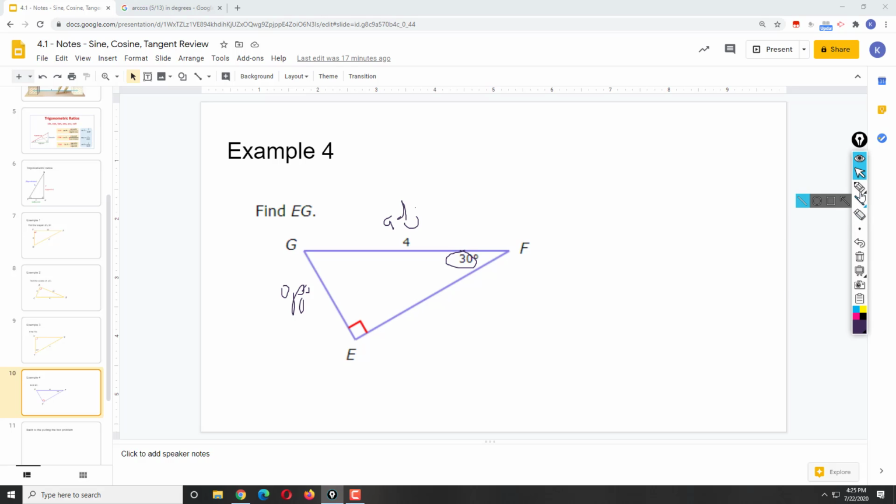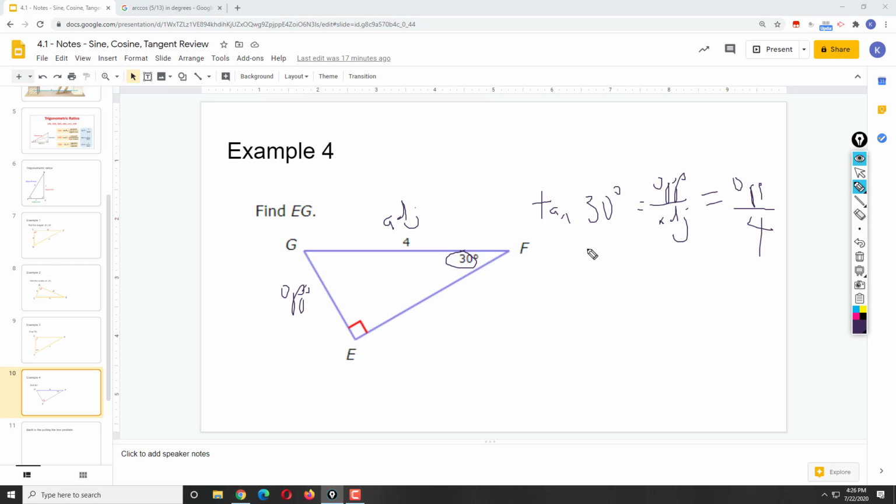I'll use tangent. So tangent of 30 degrees is going to be opposite over adjacent, which is going to be, we don't know the opposite, we know the adjacent is 4.